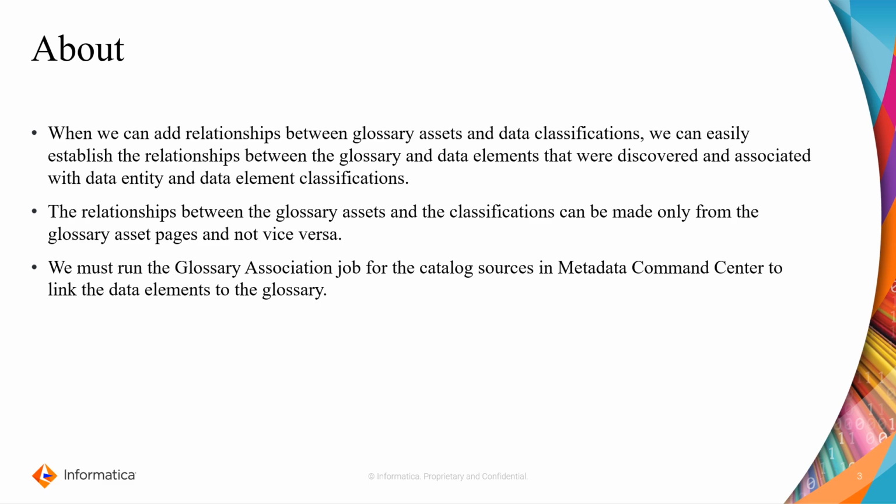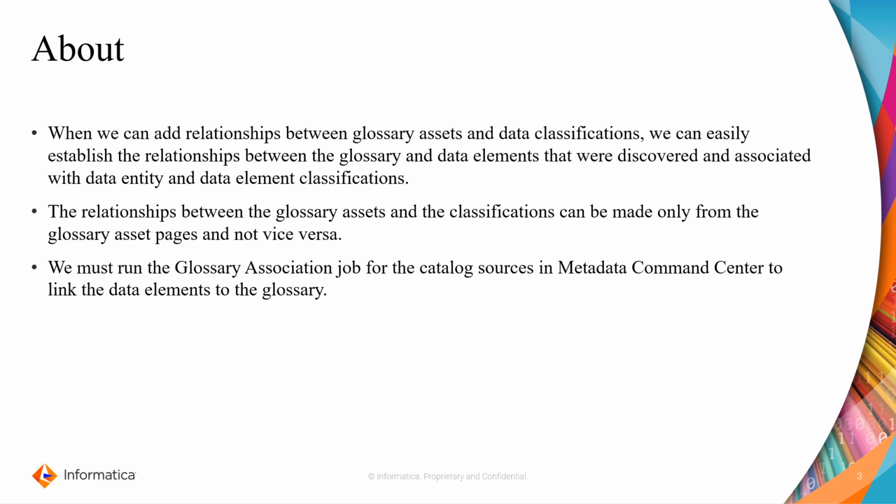We can associate data element and data entity classifications to glossary metrics and glossary business term assets from the November 2023 release. When we add relationships between glossary assets and data classifications, we can easily establish the relationships between the glossary and data elements that were discovered and associated with data entity and data element classifications.